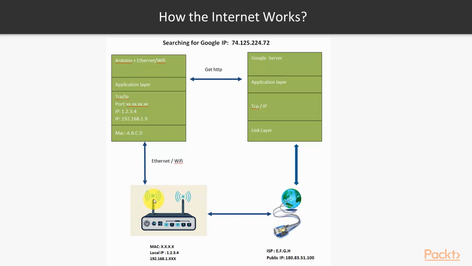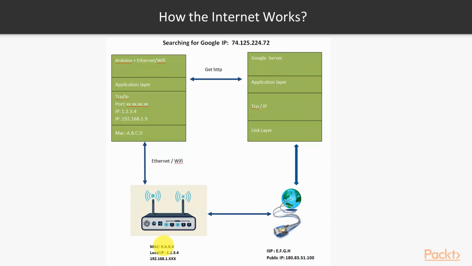Now, you could have multiple devices connected to your router. That is why your router has a local IP. In this case, it is 192.168.1.xxx. Technically, you could have 254 devices connected to this router.